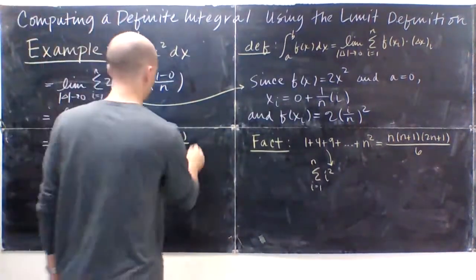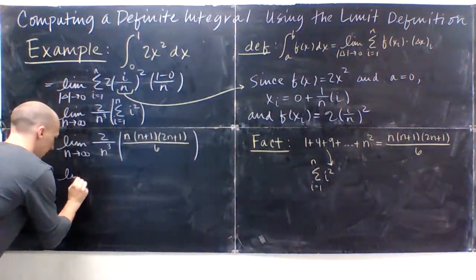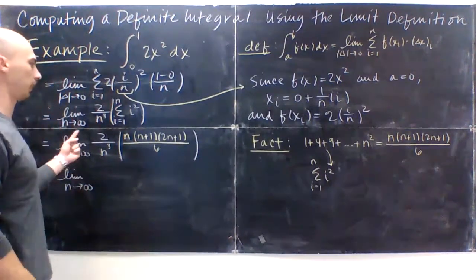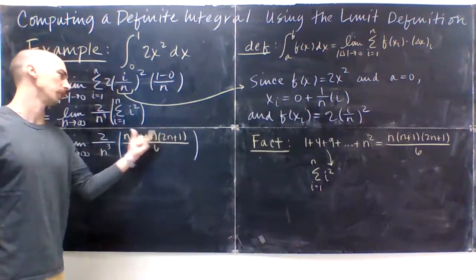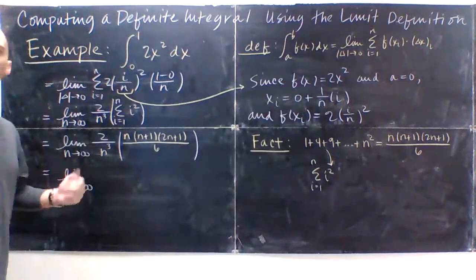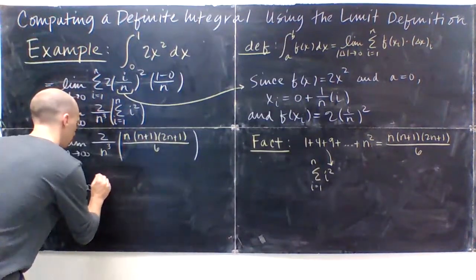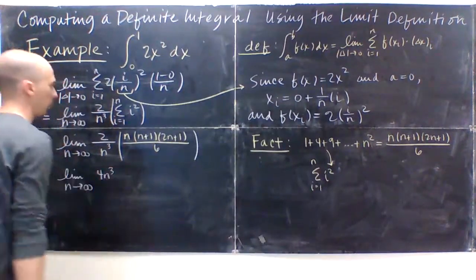This is pretty much all over here. This is the limit as n approaches infinity. If I were to multiply these all out, I'm definitely not going to do all of this, although I probably could. It wouldn't be too bad. Yeah, maybe I will. Okay, so that's going to be 2n squared becomes 4n to the third.